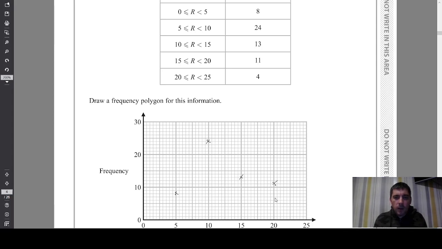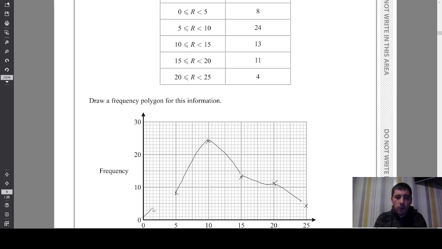Okay, and last bit we get 4 in between 25 and 20, so just put 4 over there, connect the dots. Sorry, I'm not using a ruler here, but in the exam you should bring a ruler, okay?